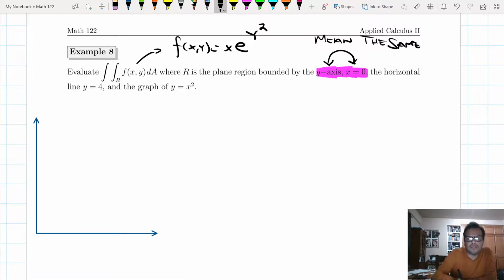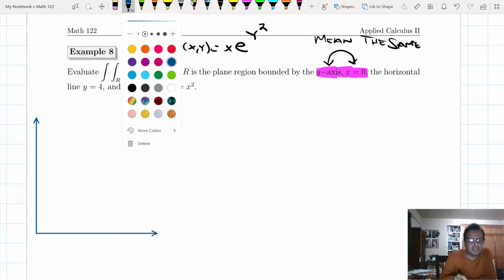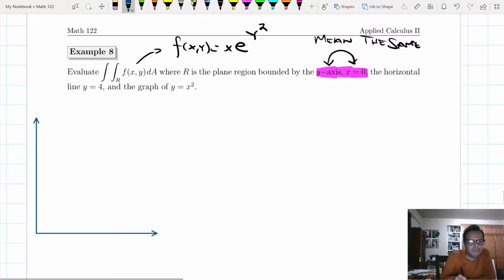Okay, let's first of all divide this Cartesian plane into 1, 2, 3, 4. All right.